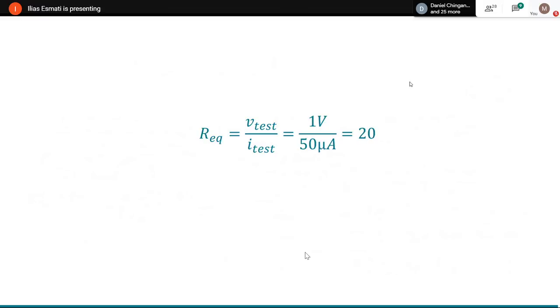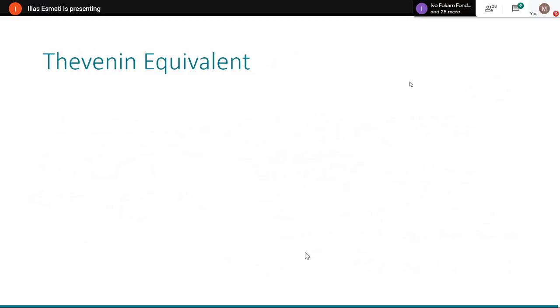Well, in reality, if you have a circuit like this, you simply take the voltage source out and you put your multimeter and you simply measure the resistance. But in most cases, you do not have access to do that. So that's why you need to do this analysis by yourself.